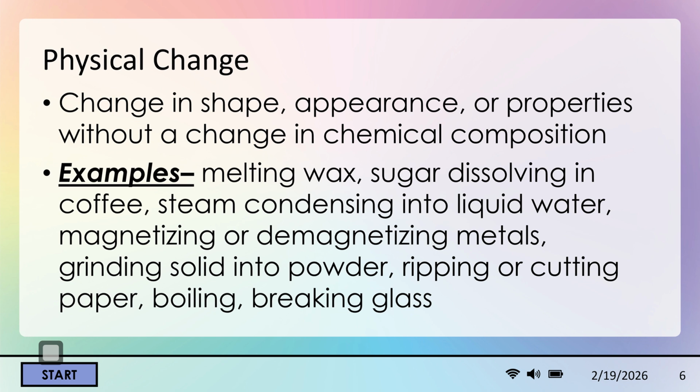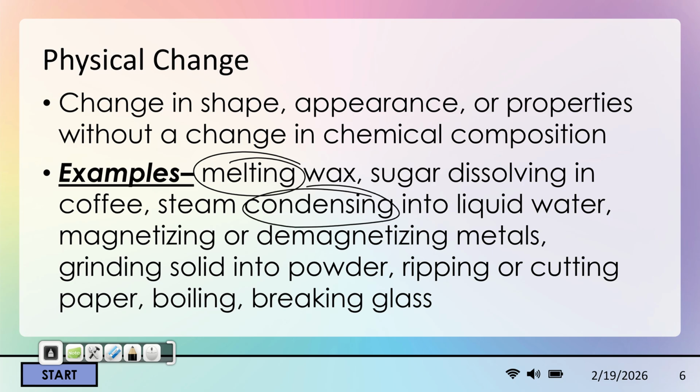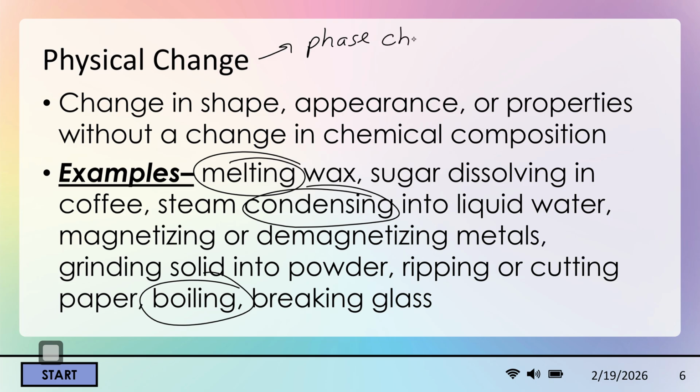Now, the 2 on here that people mess up every single time and call chemical changes: melting, condensing, okay, boiling, any sort of phase change is a physical change, okay?